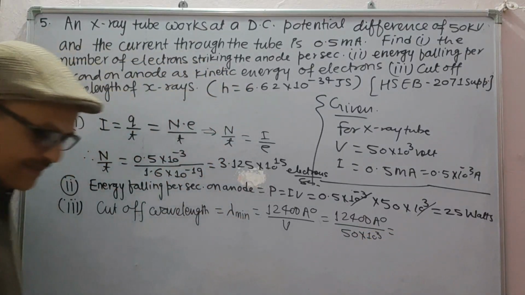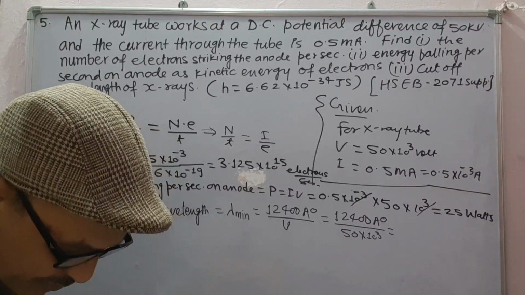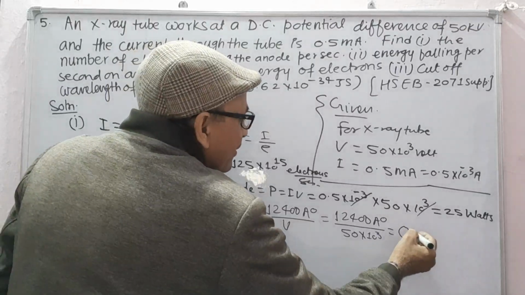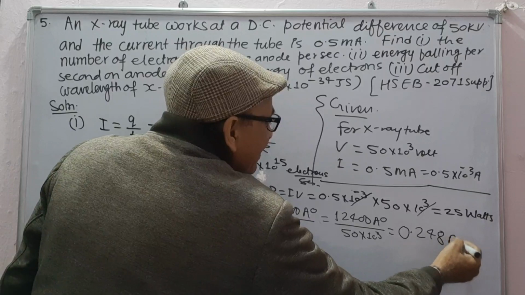On simplification, we get 0.248 angstrom.